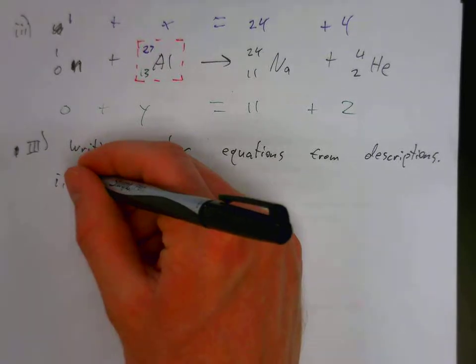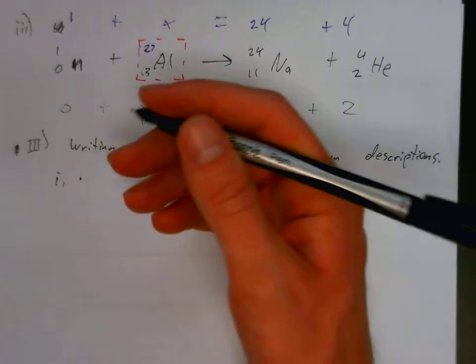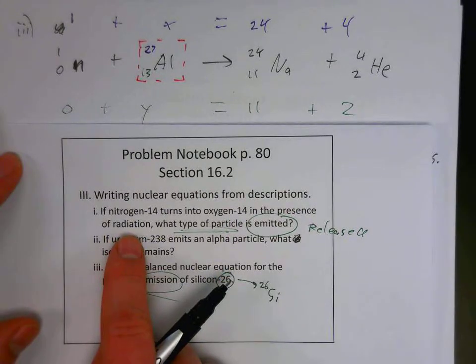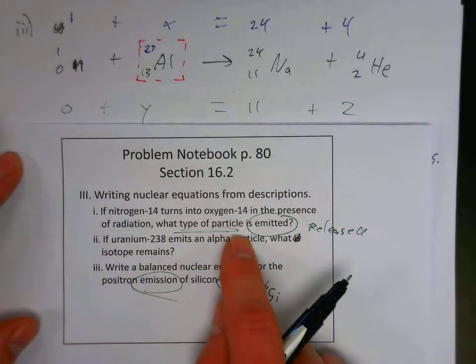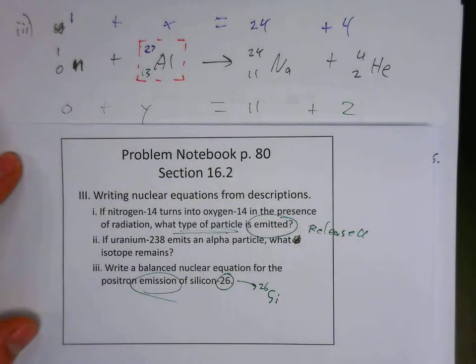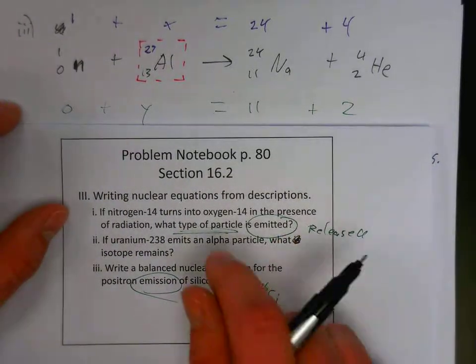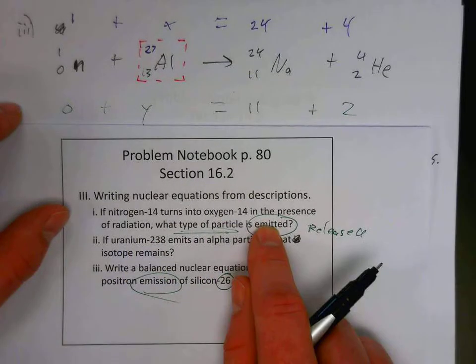For the first one, we have: if nitrogen 14 turns into oxygen 14 in the presence of radiation, what type of particle is emitted? So we have to read this and figure out how to write the equation from the words.